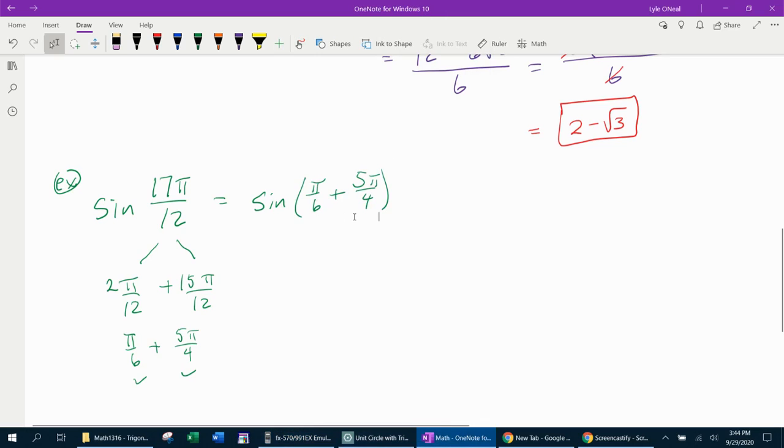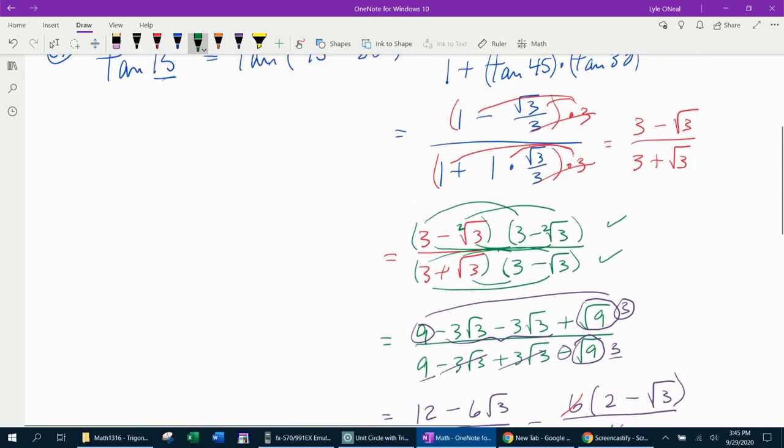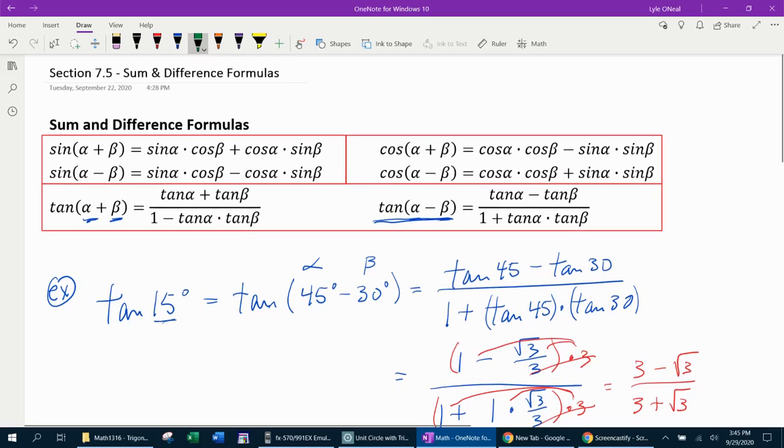Are they the only two that are going to work? No. But these are two that do work. And now what we're going to do is say, okay, this is alpha, this is beta. Now I need to know the formula for sine of alpha plus beta. And this is where it really is nice to have these memorized, okay?